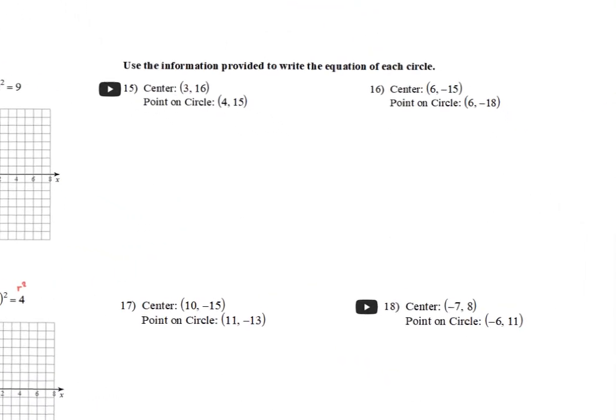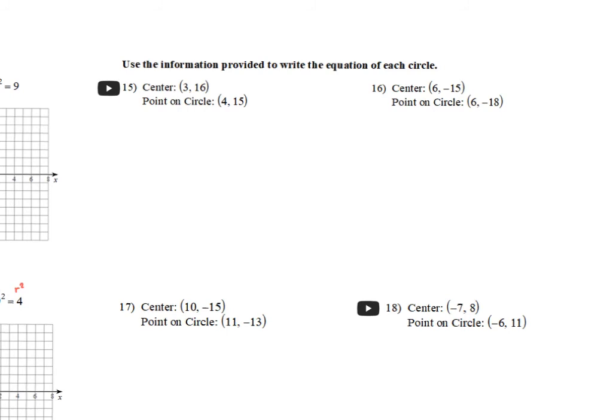All right, number 15. We're going to write the equation of each circle given a center and a point. Since I'm doing 2 problems, I'll do one each way that I taught in the lesson. So I have h and I have k. Using what I know, I'm going to write the equation of my circle.